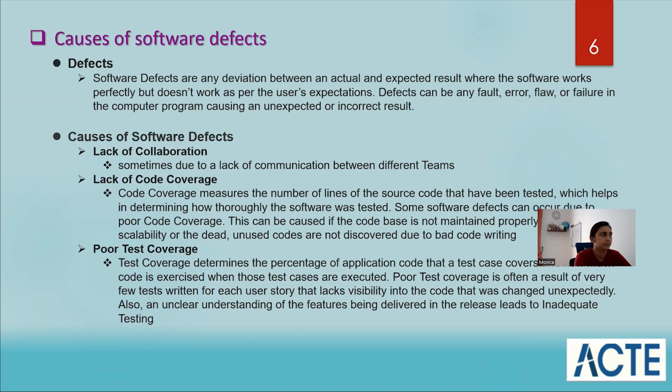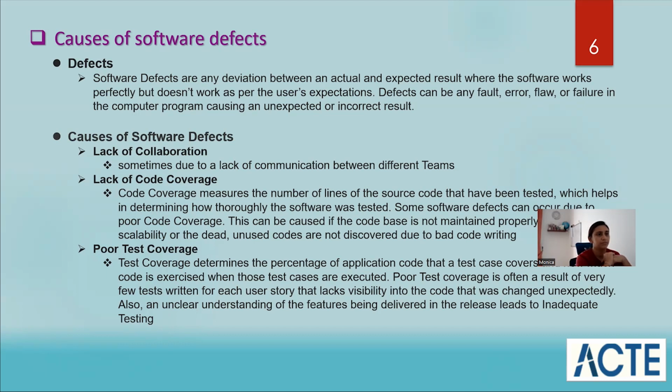Now we have something called defects. We'll see what defects are and what the causes of software defects are. Software defects are mainly the deviation between the actual result that we get while testing and the expected result. Like I'm expecting to upload my profile picture, and it is not taking it.